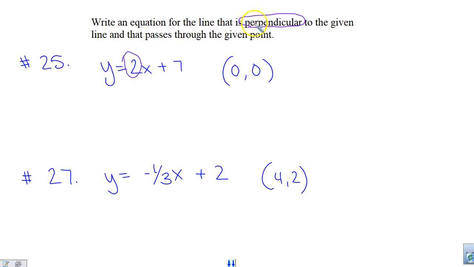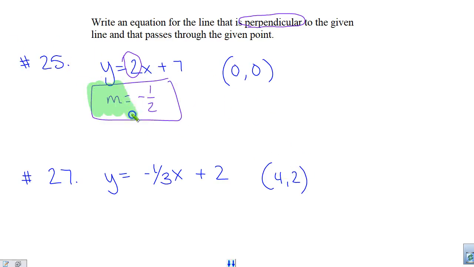So if I want to write a line that's perpendicular, go ahead and write m equals, and I want you to go ahead and write the slope for a line perpendicular. And for perpendicular lines, we have to do the opposite, so it'll be negative. And the reciprocal of 2 over 1 would be 1 over 2. So this is my new slope.